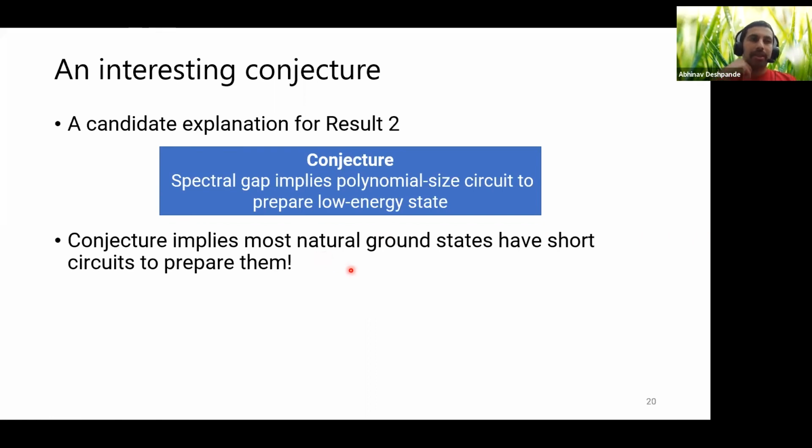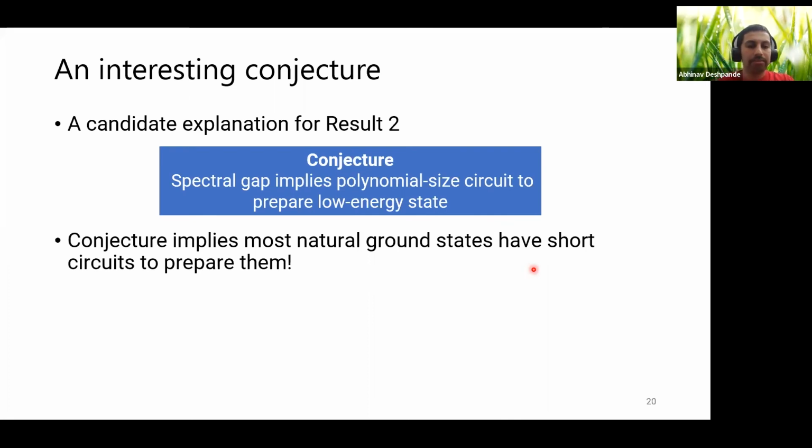But I would say most natural Hamiltonians are either gapped, with constant spectral gaps, or gapless at a critical point where the spectral gap vanishes only inverse polynomially, and so that's also covered by our conjecture.